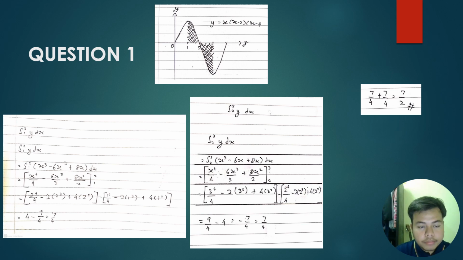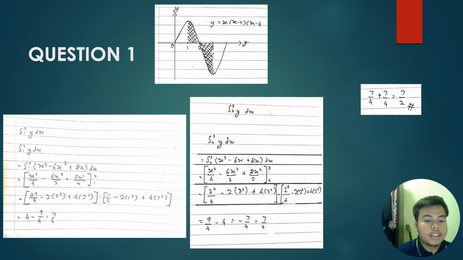Second step, we do open bracket x to the power of 4 over 4 minus 6x to the power of 3 over 3 plus 8x squared over 2 close bracket. Then we put the limits 1 to 2 at the end of this bracket.